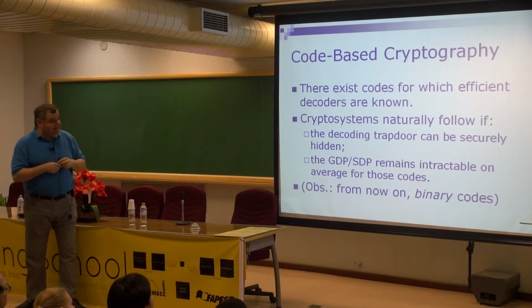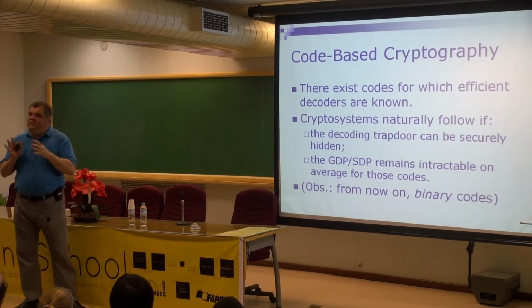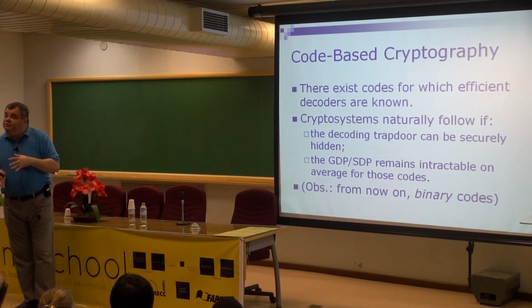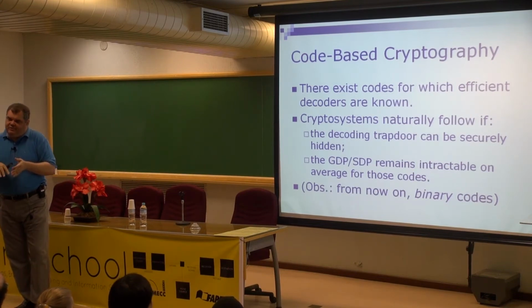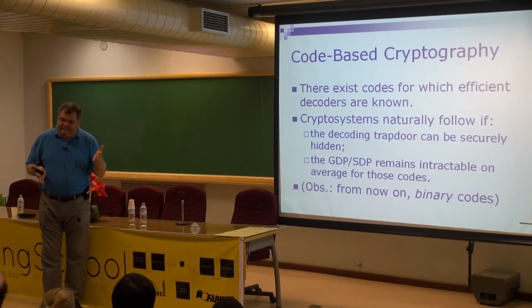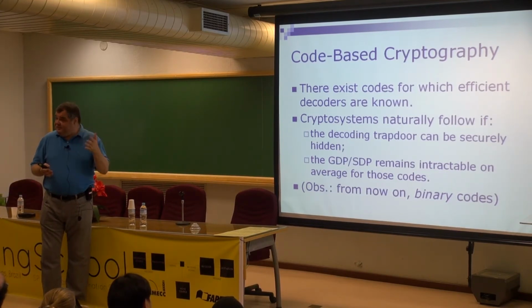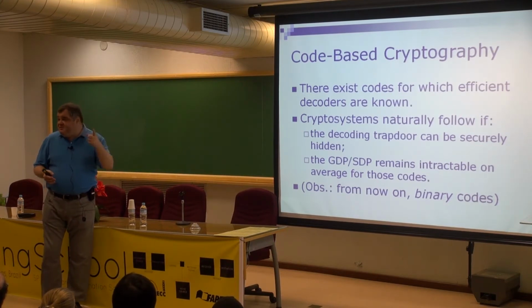For a matter of practicality, we will only deal with binary codes from now on. This does not mean that we cannot define crypto systems on top of non-binary codes. I mean, we can go to odd characteristic or keep using codes in characteristic 2, but resorting to higher extensions.